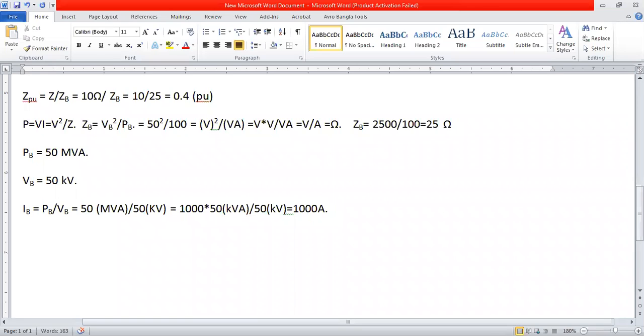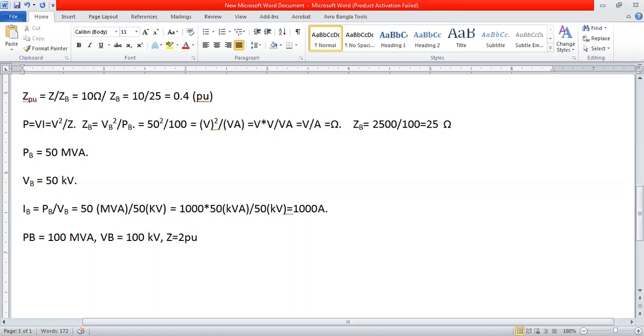further, if the power base is given as PB, that is the power base is given as 100 megavolt ampere, and the voltage base is given, VB is equal to 100 kilovolt. Now in this base value, the power base is 100 megavolt ampere, the voltage base is 100 kilovolt, and in this base the impedance value is given, that is 2 per unit.